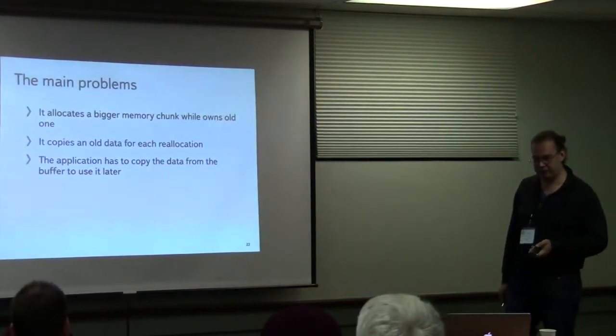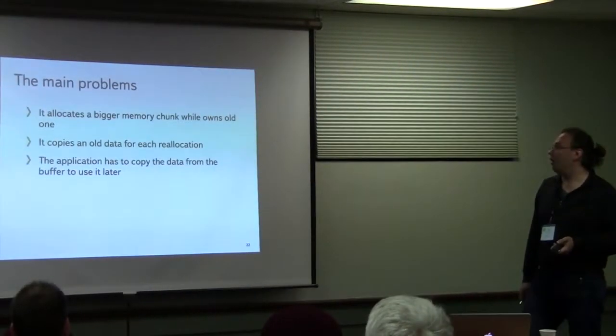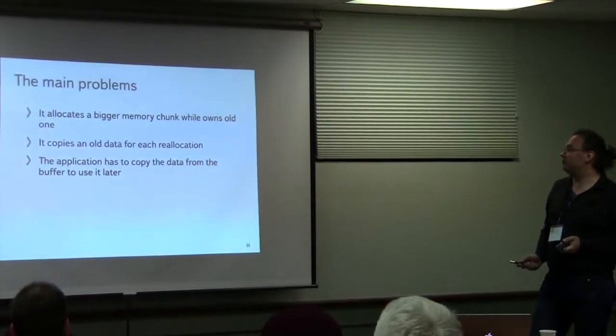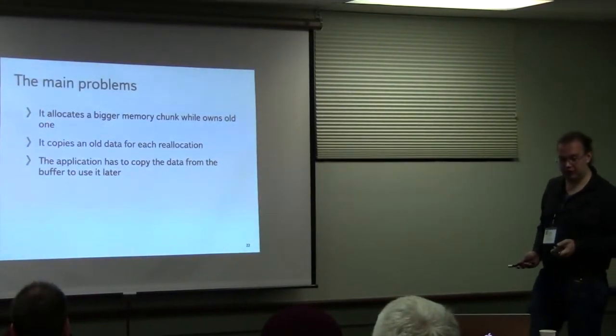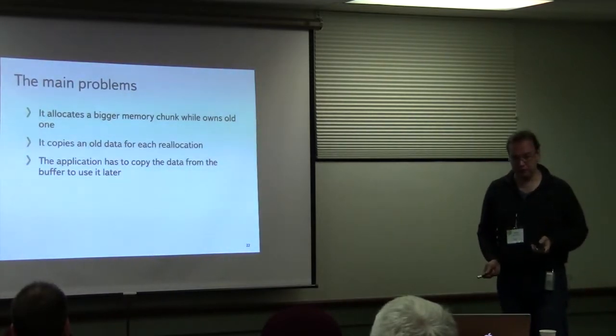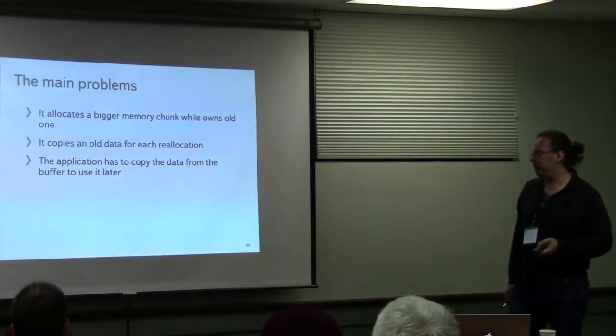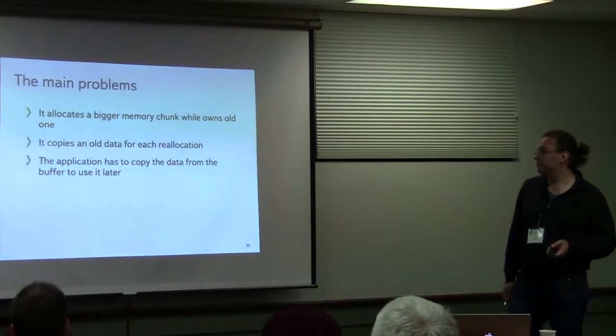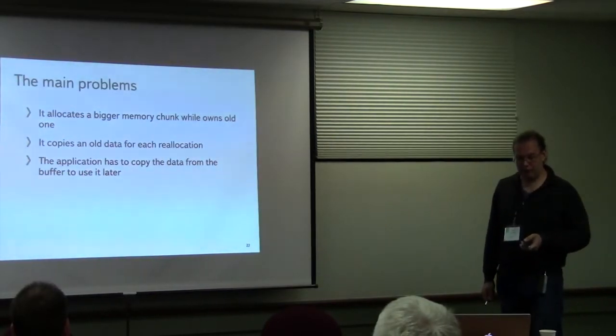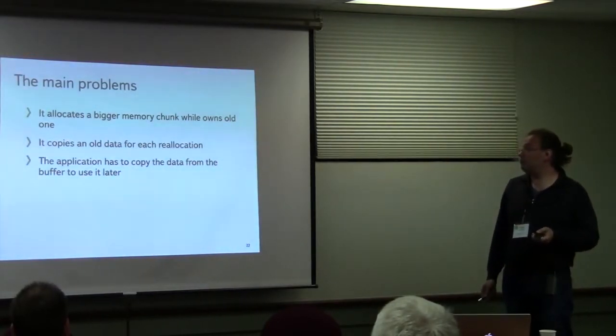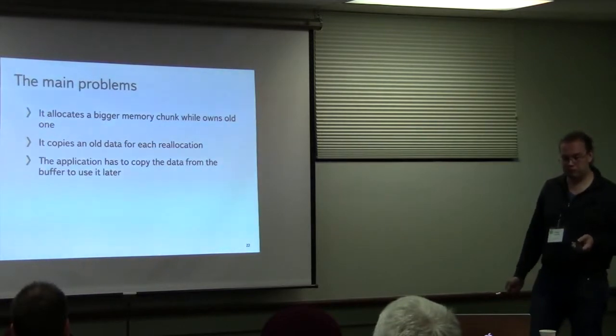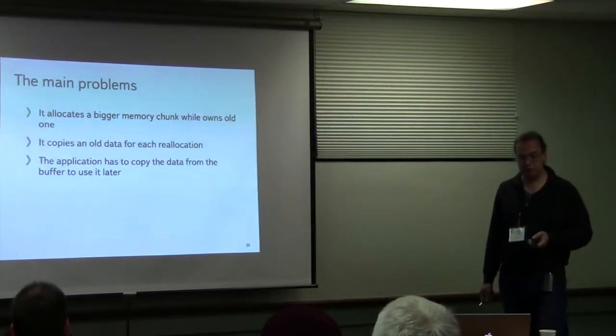But here are the problems. The first problem is that the buffer allocates a bigger memory chunk while it still owns the old, smaller one. Here we have memory overhead. The next problem is that it copies the old data for each reallocation.